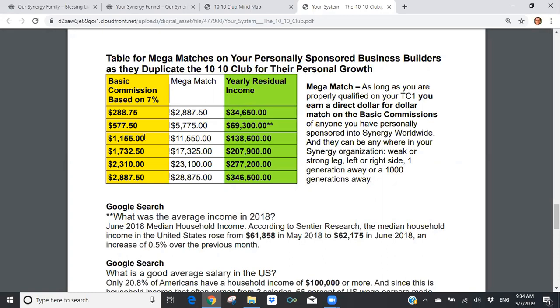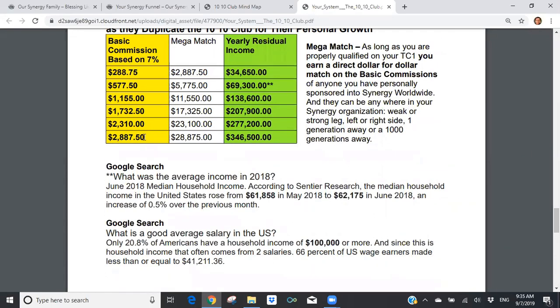And if their basic commission goes up to about $1,100 on a monthly basis, if I've got 10 people doing that, that's $11,500 in mega matches for the month. That's over $138,000 in income.